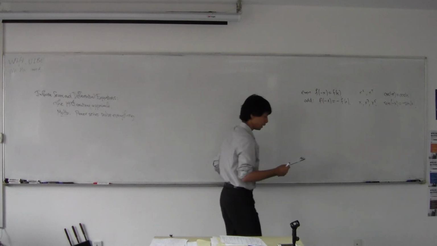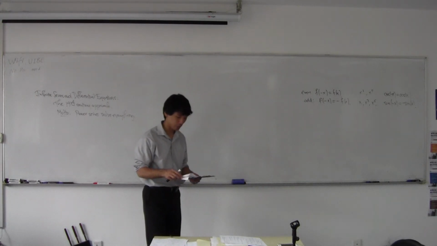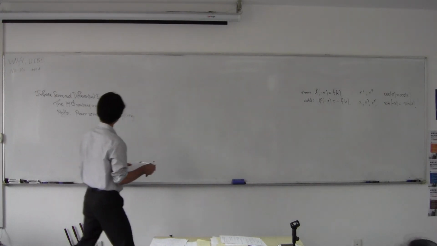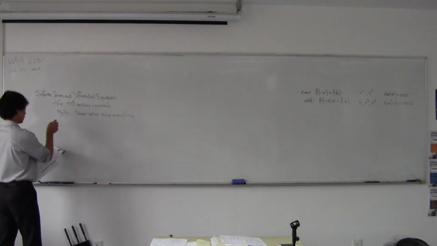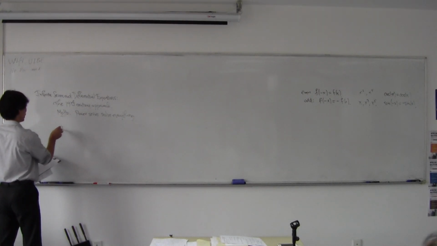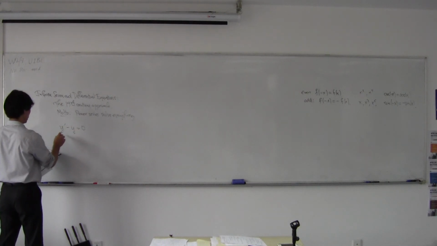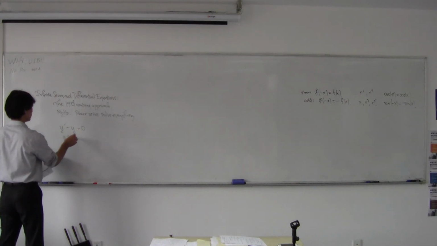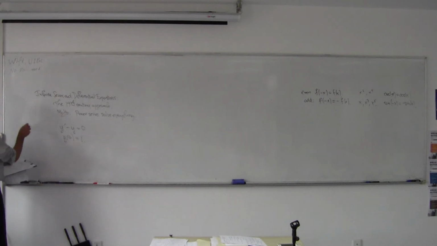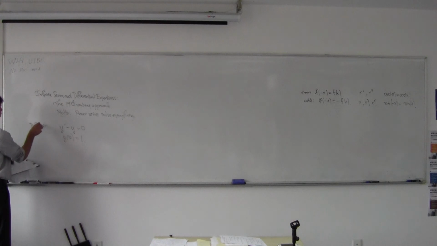So here is a simple example. Somebody says, I'm looking for a function that satisfies y prime minus y equals 0 and y at time 0 equals 1. So I have a differential equation, and I have a boundary condition, an initial value.